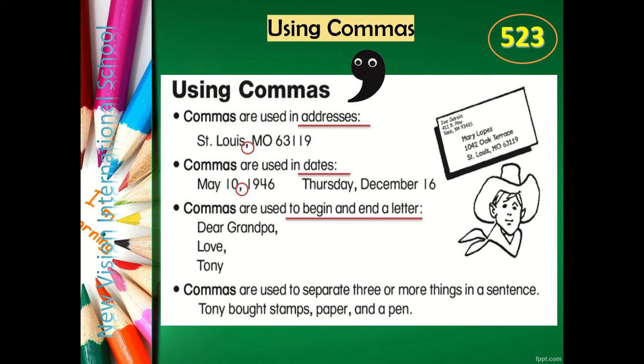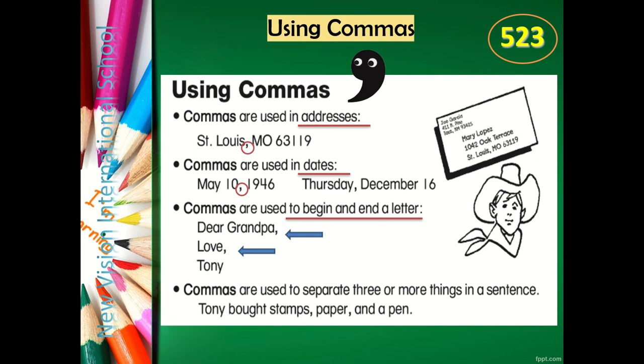If you remember, in writing a friendly letter, we have a greeting and a closing. So we put a comma right after the greeting and before we close our letter. So we have Love, Tony. We put a comma before the name of the sender. Is it clear?